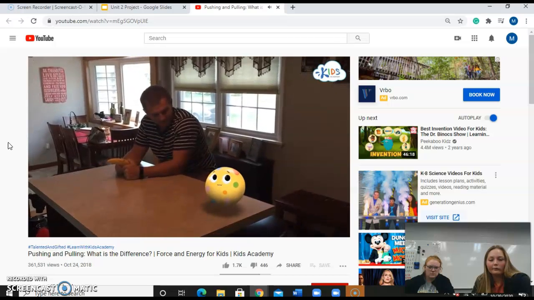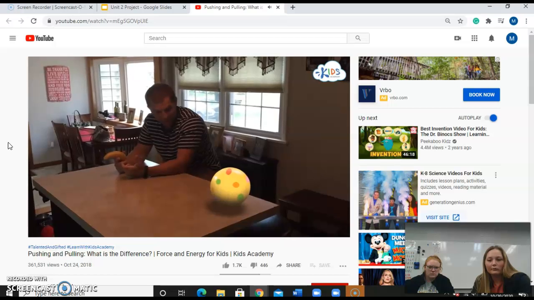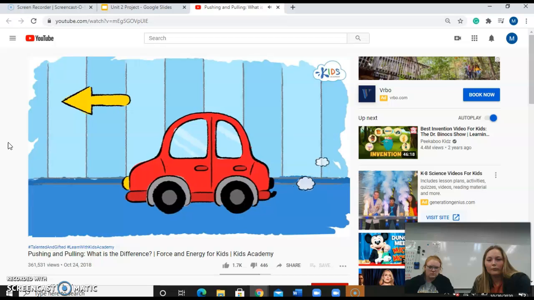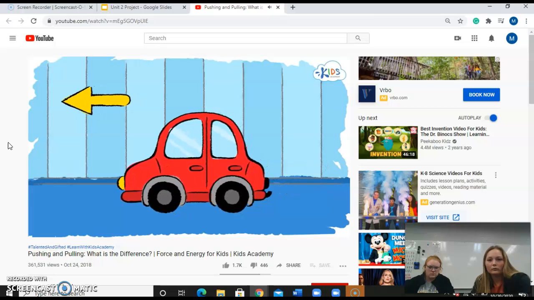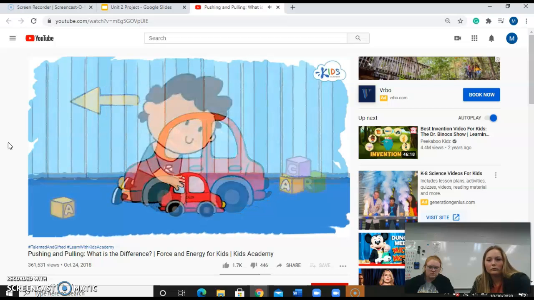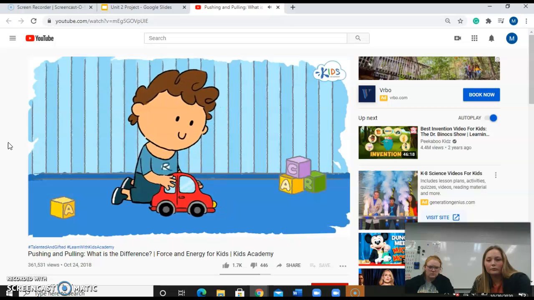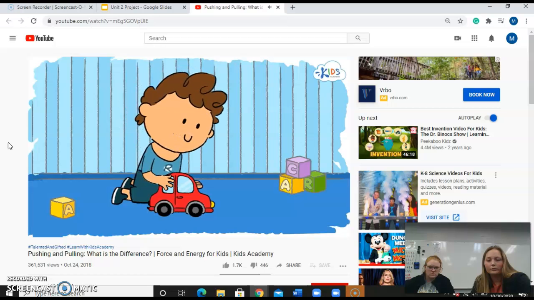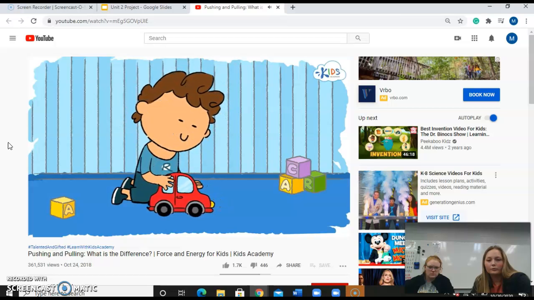What is a force? That's a good question. What is a force? Let's talk about it. When an object moves from place to place, we call that motion. In order for an object to be put into motion, a force has to be applied to it. That force can be either a push or a pull.